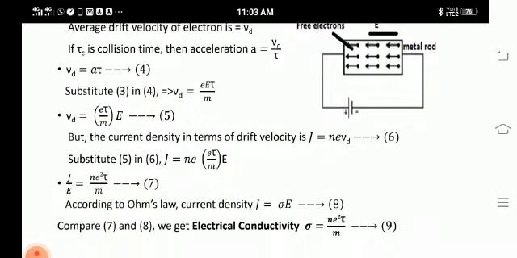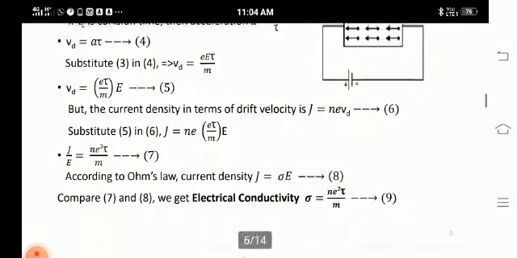That is equation number 7. When we apply Ohm's law in this equation, current density J is equal to sigma E, we can very easily find the electrical conductivity expression, that is sigma is equal to n e square tau divided by m. That is equation number 9, the required equation of electrical conductivity.